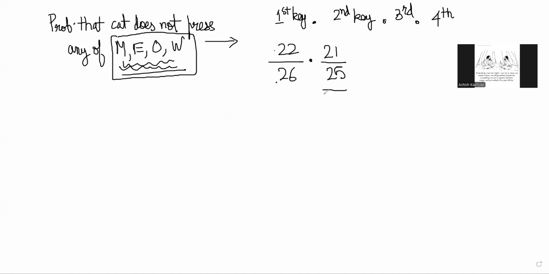You have to tell me if you understand this step. How the second step it is 21 by 25. I hope everyone is understanding how it became 22 by 26 for the first key and 21 by 25 for the second key. For the third key, it will become 20 by 24. And the fourth key, it will become 19 by 23.